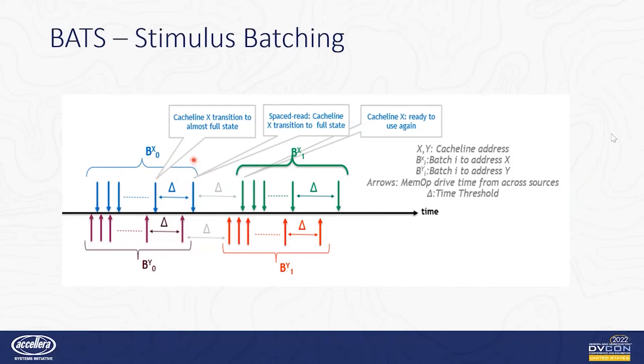So by this mechanism, BATS spaces out requests to the same address from various sources by a certain simulation time, creating effective batches of requests to the same address. And because they are spaced out in sim time, if the sim time spacing is sufficiently large, then there is no racing across the requests in different batches.